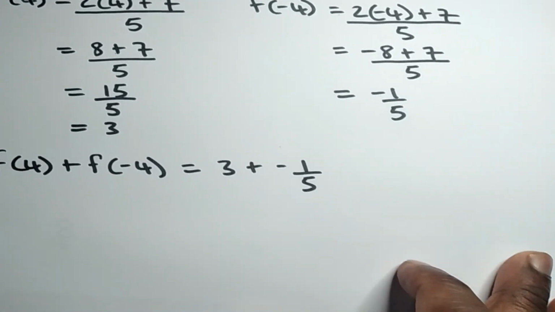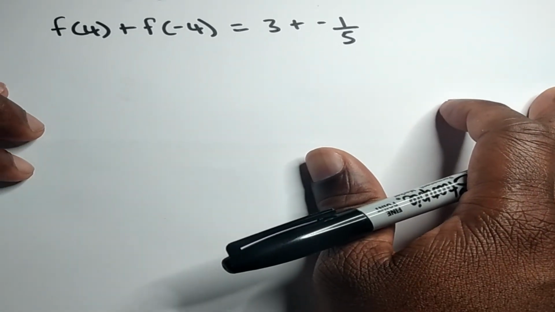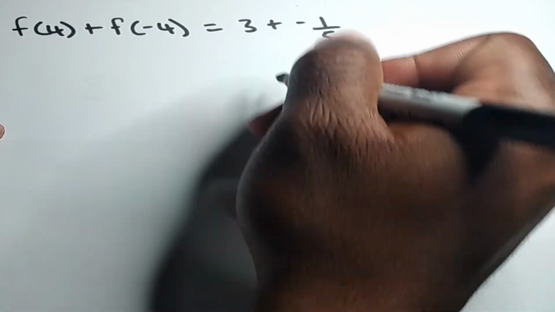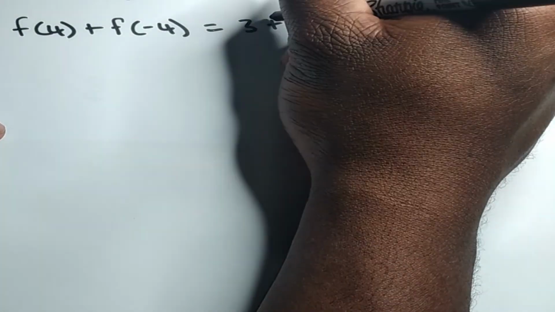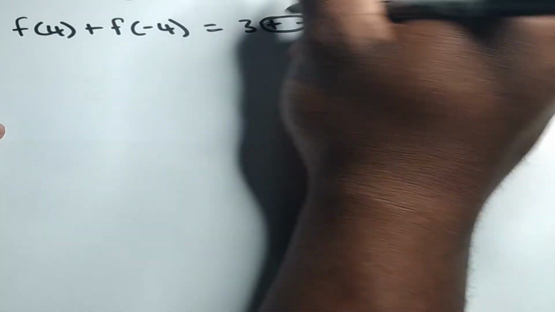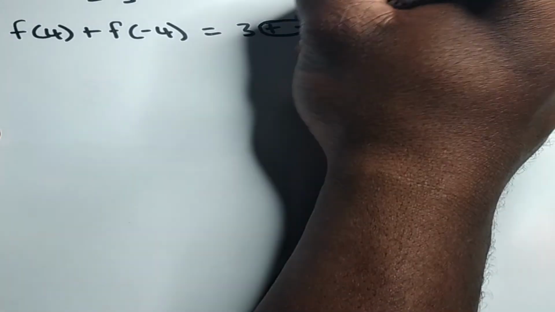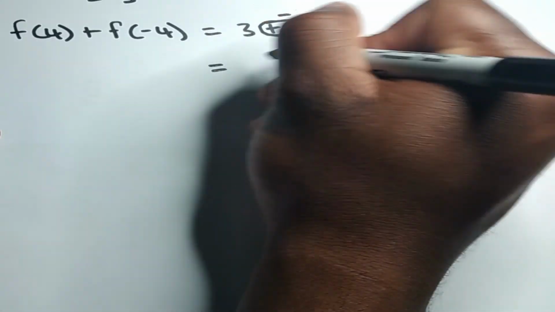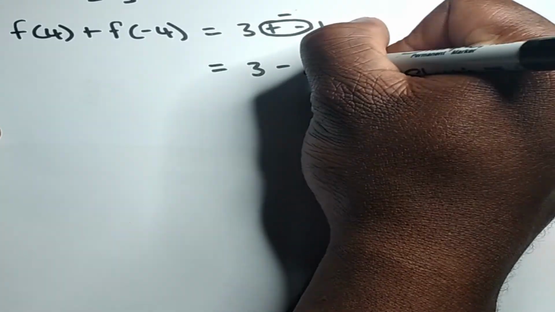Remember, a positive and a negative sign beside each other is the same thing as a negative sign. So this is the same thing as 3 minus 1 over 5.